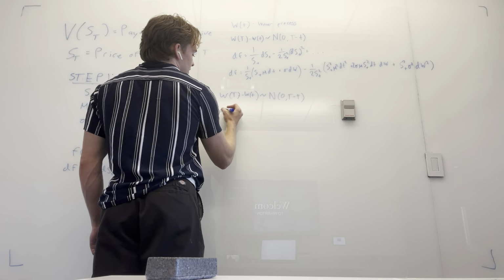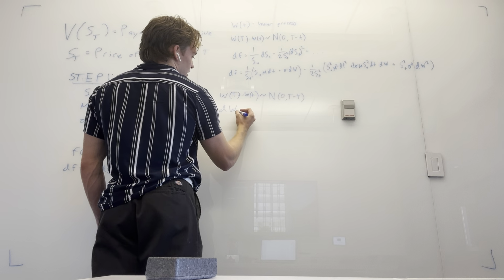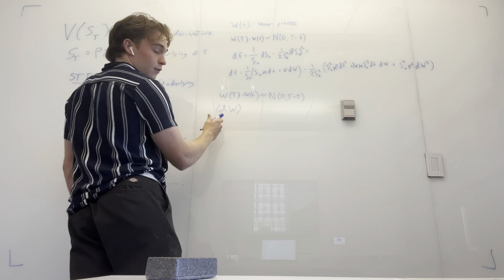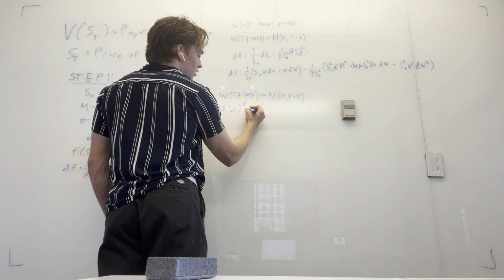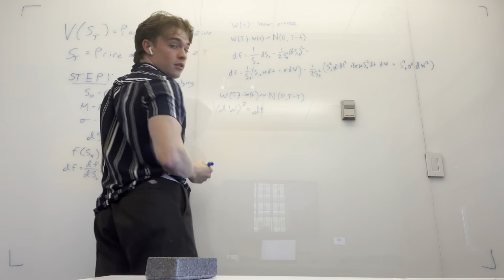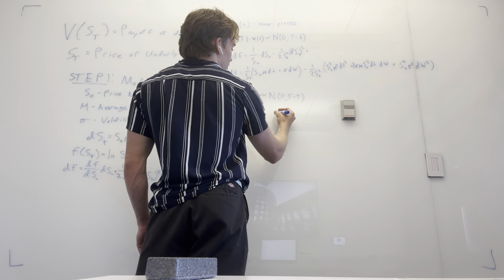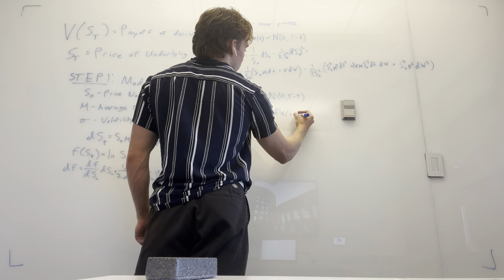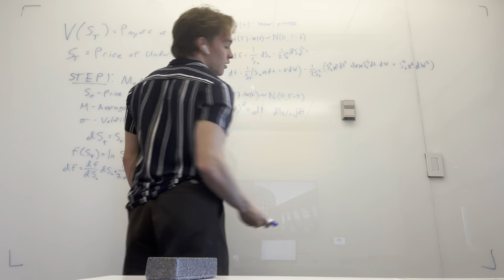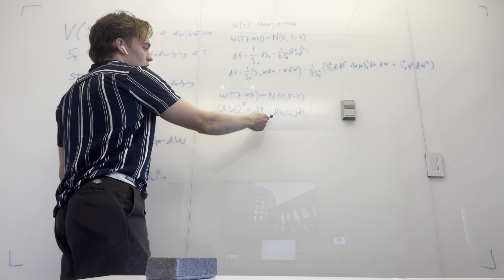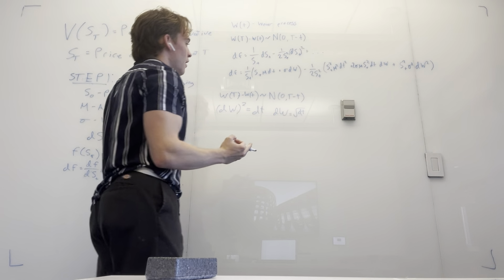So it basically says, and I believe this is Ito's lemma, but our differential dW squared equals dt. You might sometimes see this written as dW equals square root of dt. I think this is ugly. I don't know why you would do that.